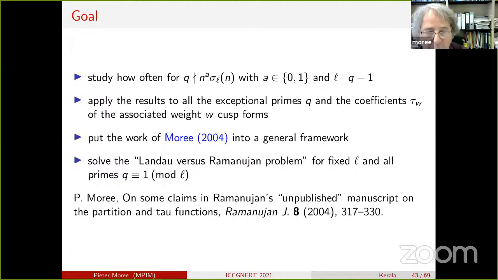Now, what about the results that we derived? So our interest, inspired by these Fourier coefficient congruences, was to look at the non-divisibility of the sum of divisors function. So how many integers up to x are there such that a given prime q doesn't divide the sum of divisors function sigma k? That's basically the question.